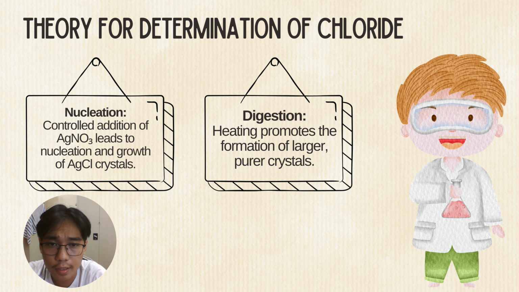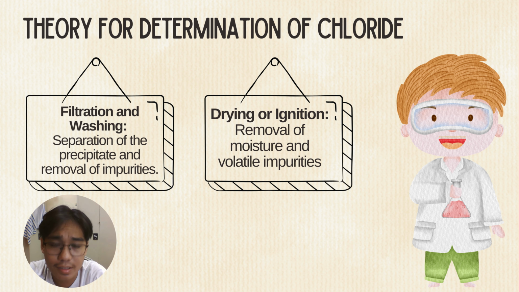Then there is digestion. Heating will promote the formation of larger and purer crystals. Next, the filtration and washing. In filtration and washing, there is separation of the precipitate and removal of impurities.